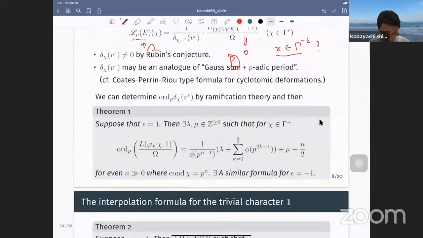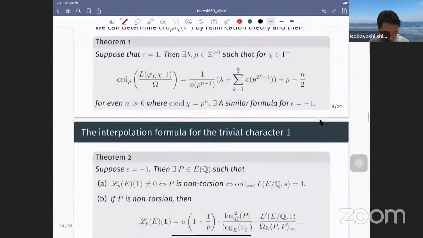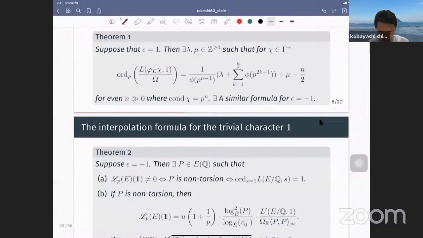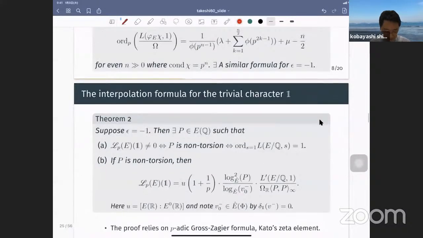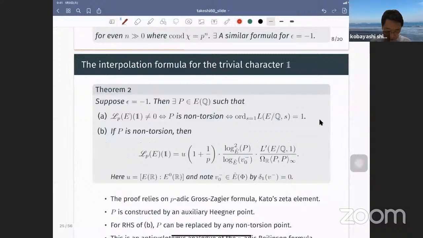his question too. First, I state the interpolation formula for the trivial character. Suppose that the root number is -1.